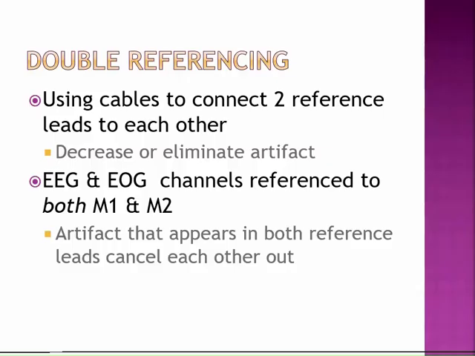And so that's why, when you look at the way the montage, or our configuration of channels, is put together, all of the active electrodes, your C's, your F's, your O's, are all referenced to one of the M's, because it uses the input from both of those electrodes to figure out what ultimately gets displayed on the computer screen, on the polysomnograph. The process of this is called common mode rejection, which essentially is like signals cancel each other out.